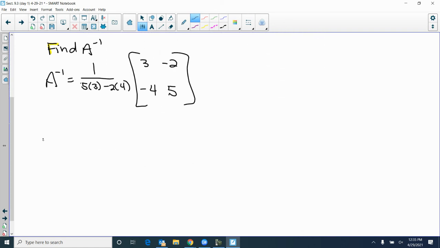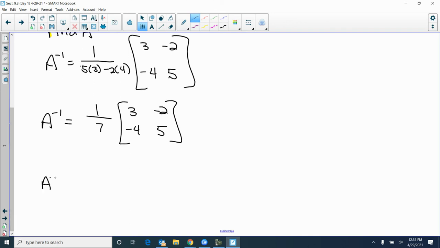Well, what's this constant going to be? It's going to be 1 over 7, times 3, negative 2, negative 4, 5. And go ahead and distribute that constant. So just multiply it inside, and I get A inverse equals 3 sevenths, negative 2 sevenths, negative 4 sevenths, 5 sevenths.